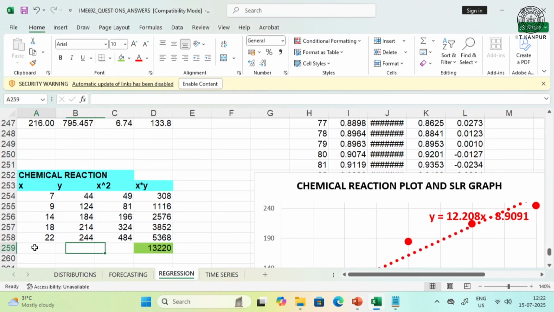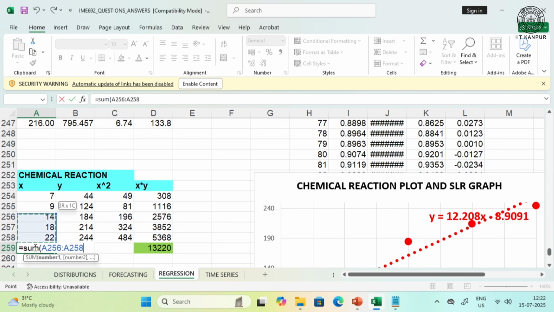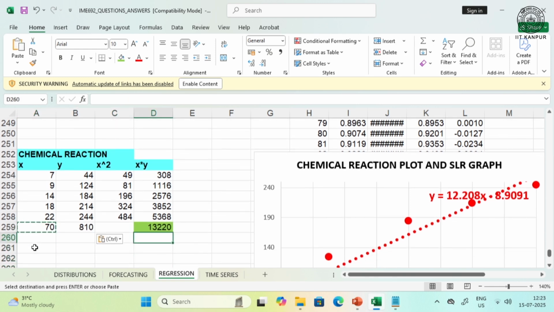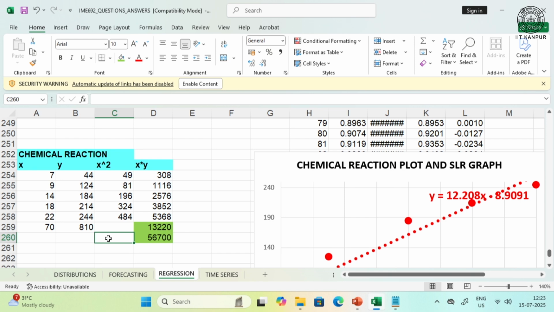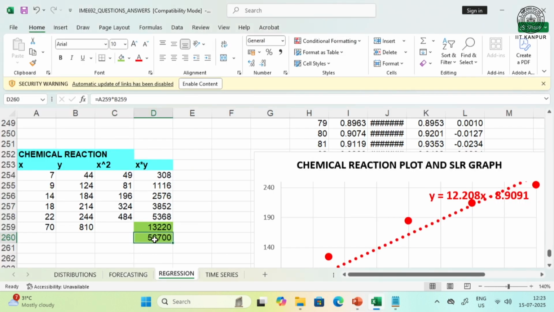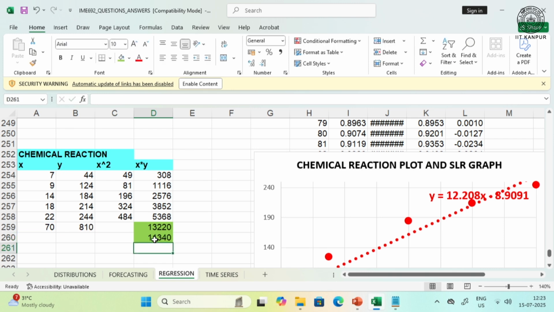So, I will find out the sum of all x and the sum of all y, and I need to utilize this, which is 70 into 810. This is the second value. Again, I will mark it in green. This has to be divided by n, so I will divide it by n, which is 5. It is written here.